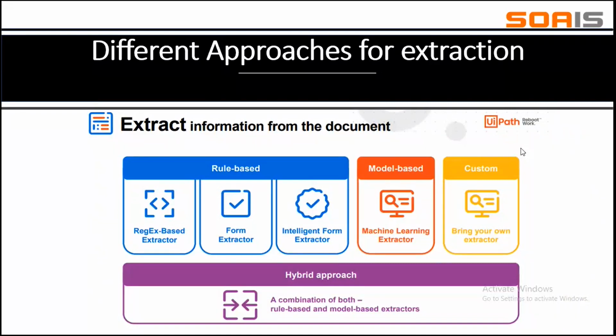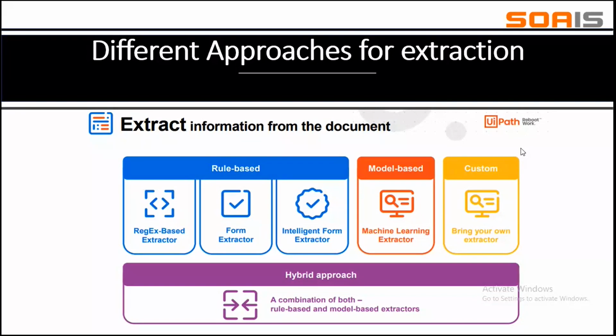Basically, as I said in our previous slides, UiPath Document Understanding is a consumable framework, which means that you can have your own custom built ML model, or you can have your custom extractor that can be used when it comes to the extraction. So the next one is the hybrid approach.